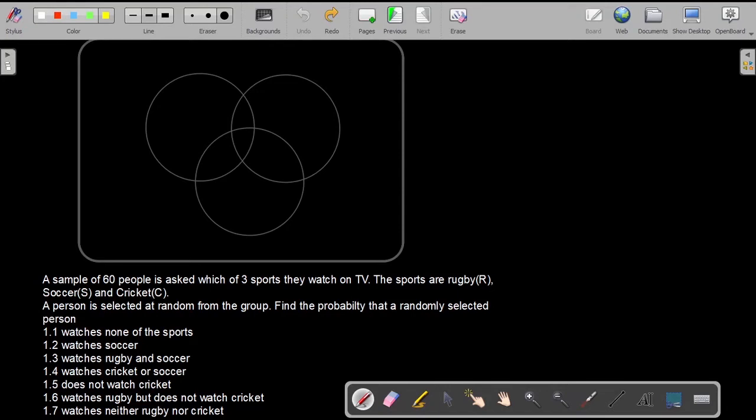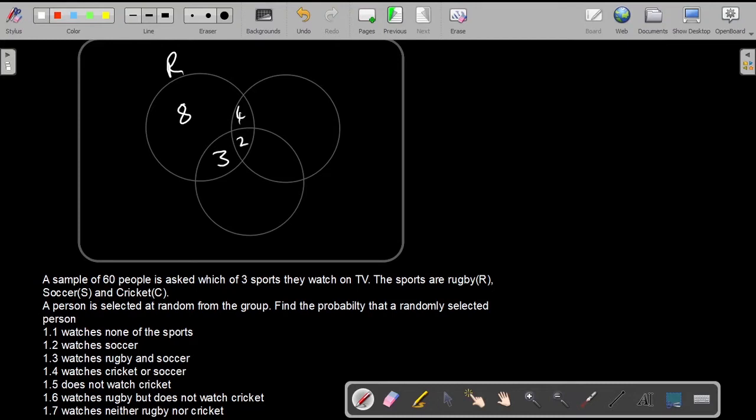The sports are rugby, and rugby is shown as R. So the symbol above this circle shows that everyone who watches rugby falls into that portion of the sample space. Everyone who watches rugby should find themselves in here. And the numbers which are given are the number of people who actually do watch rugby.